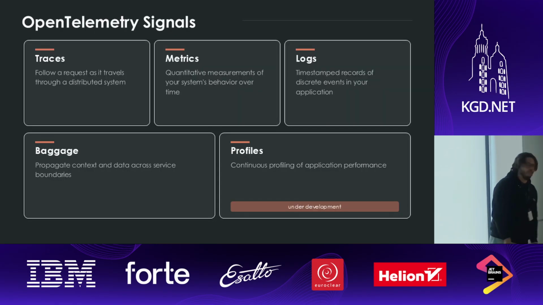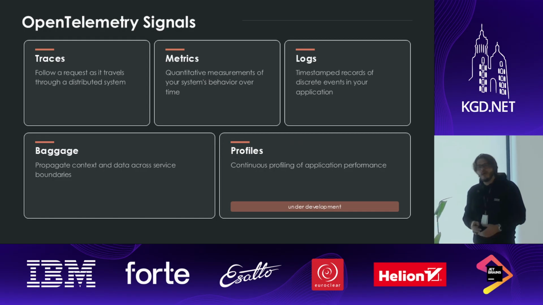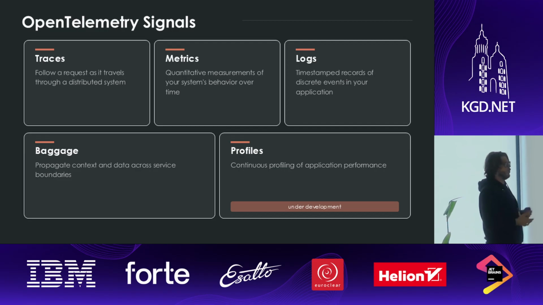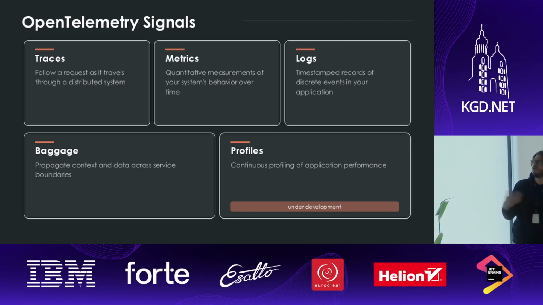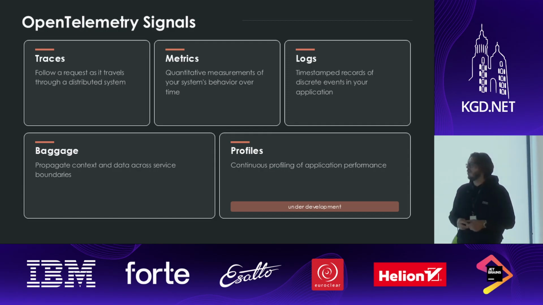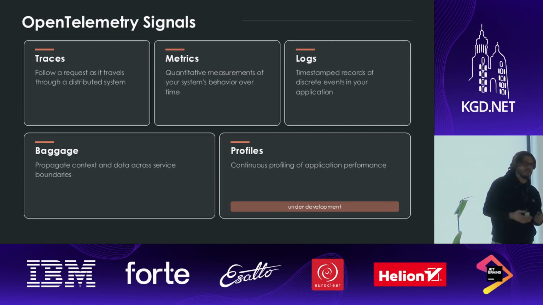But what does it mean? There are traces, metrics, logs, etc. In OpenTelemetry, we have different signals. Signals are something we want to get, we want to know about our software, about our service. First, it's traces. Actually, it's a path.